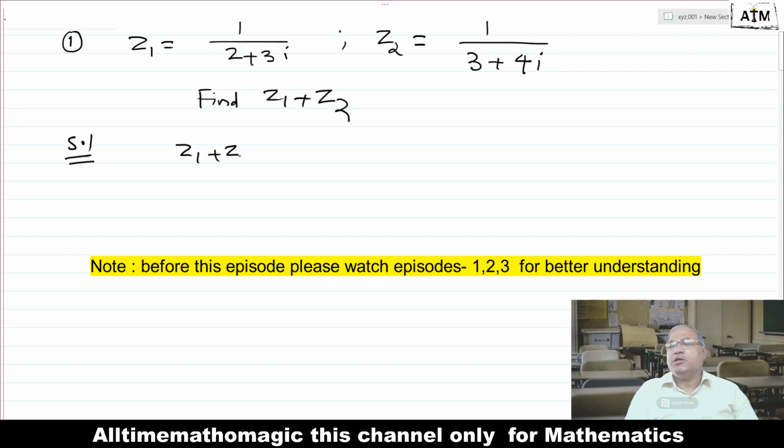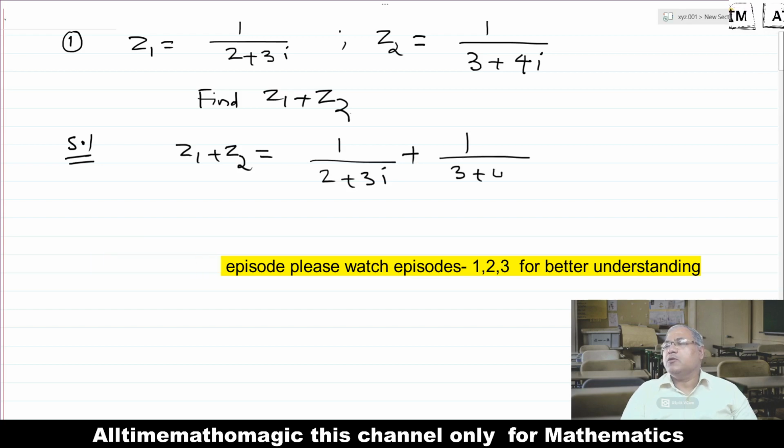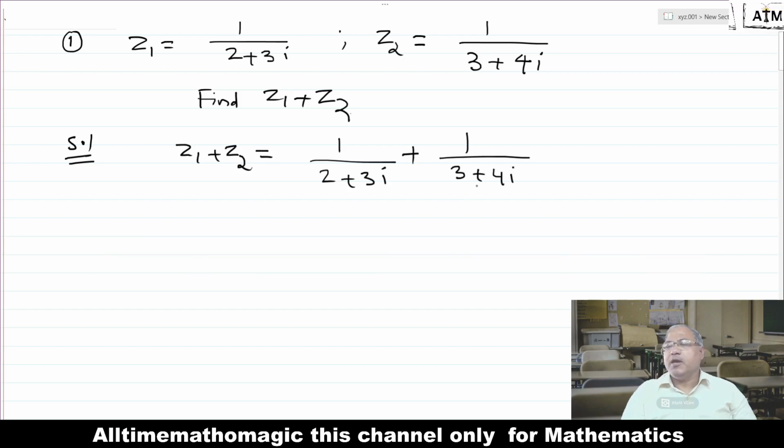Z1 plus Z2 equals 1 upon 2 plus 3i plus 1 upon 3 plus 4i. Here I am going to use the algebraic formula 1 upon a plus 1 upon b equals b plus a upon ab.